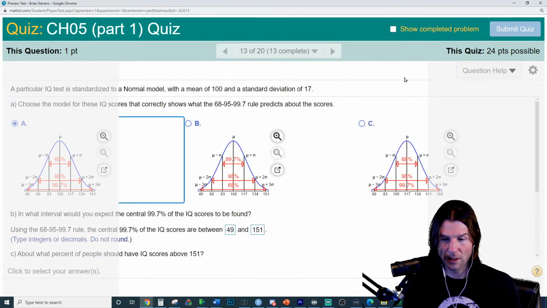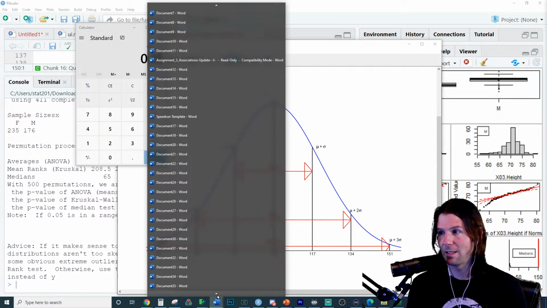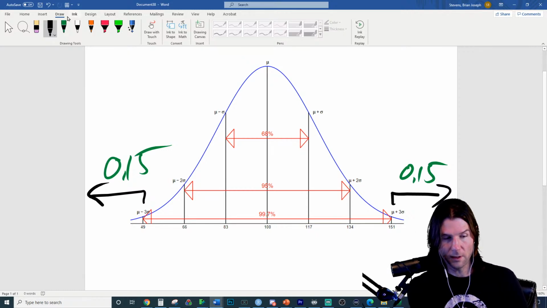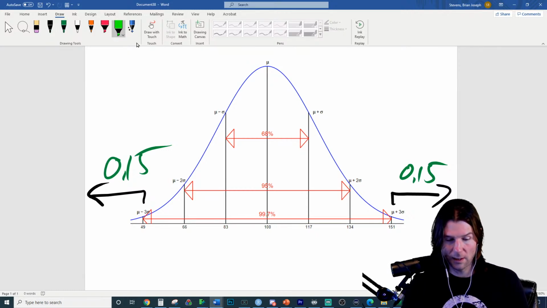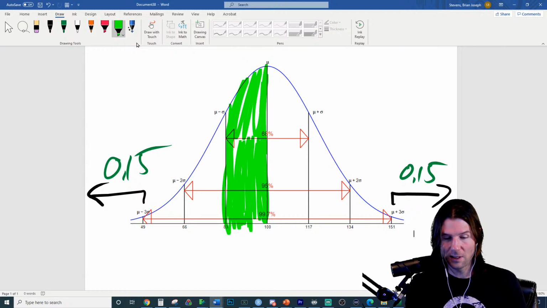Now this one's nice. Let me go all the way back to our sheet. 83 and 100 is a z-score between -1 and 0. So when you look at this one, you're trying to isolate the area right in here. Look at that 68.